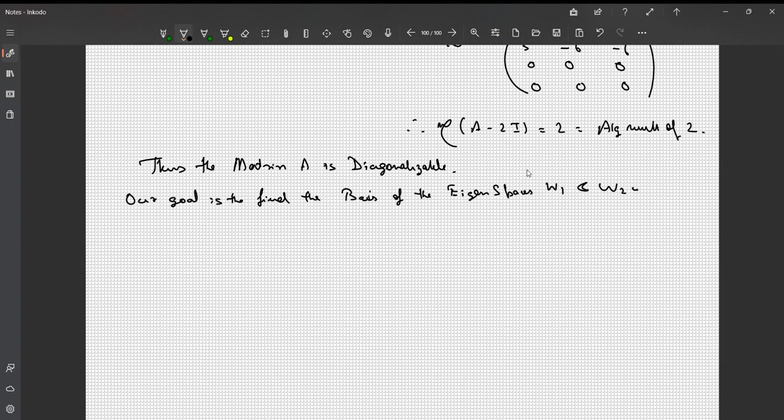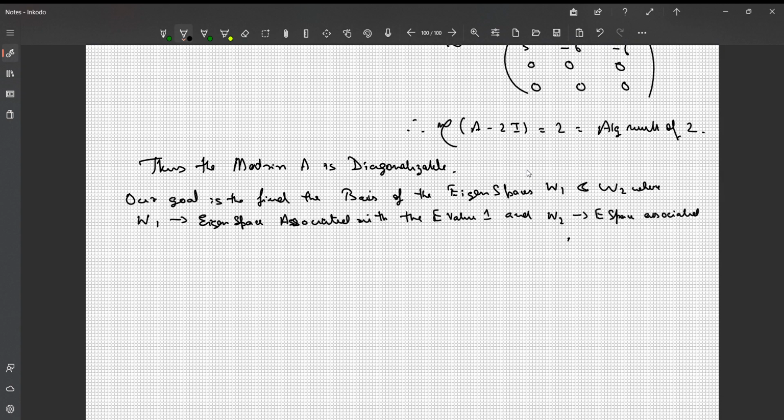say W1 and W2, where W1 is the eigenspace associated with the eigenvalue 1, and W2 is the eigenspace associated with the eigenvalue 2.